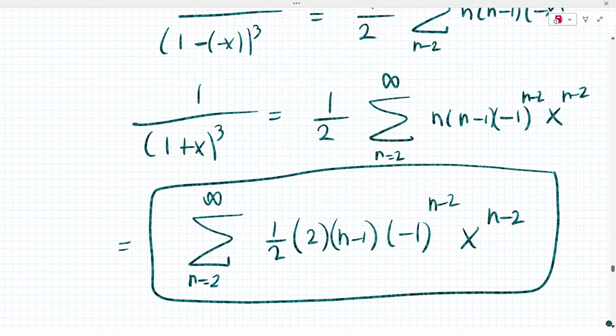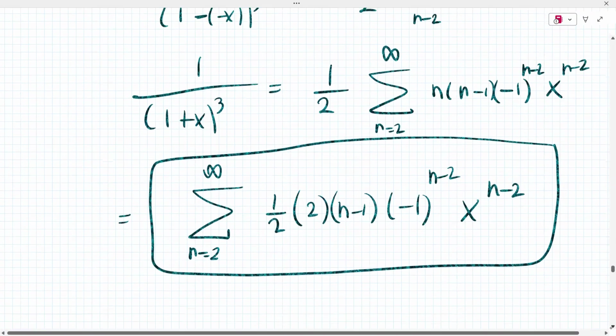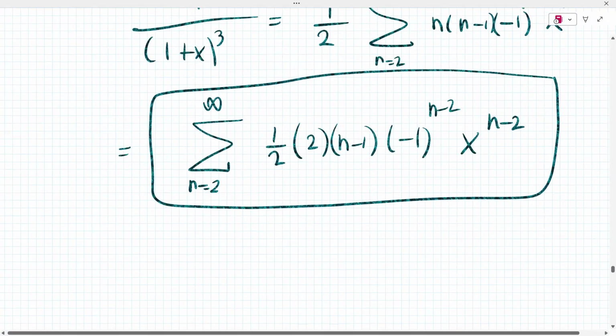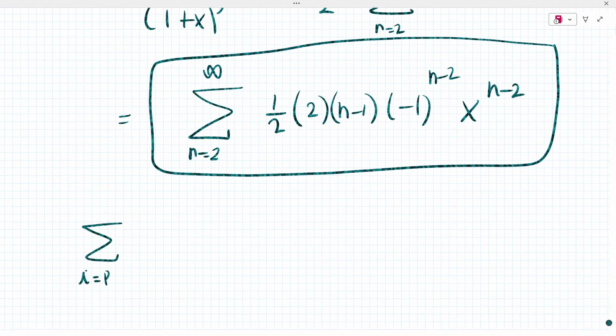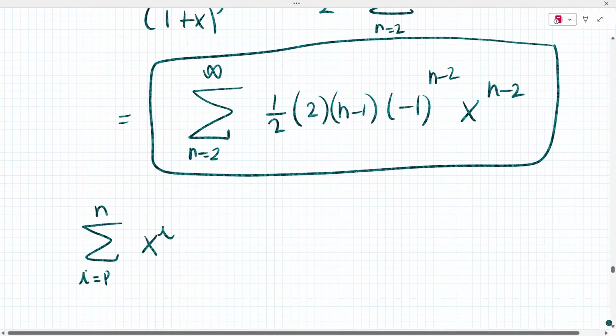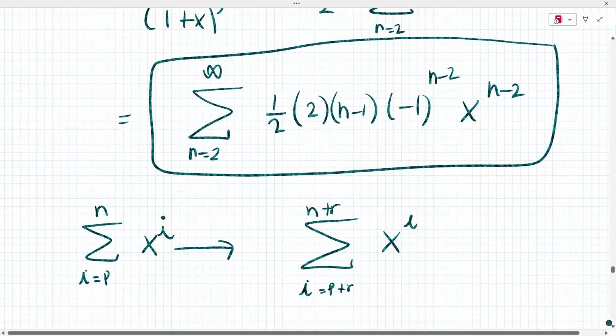Okay, but what if, so if our n started at 2, what happens if n equals 0, right? So what if n equals 0? You just need to know this rule: the summation of i equals p to infinity of a sub i is going to equal the summation of i equals p plus r to infinity of a sub i minus r, x raised to the i minus r, right?